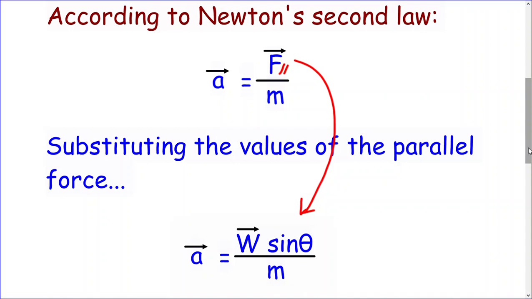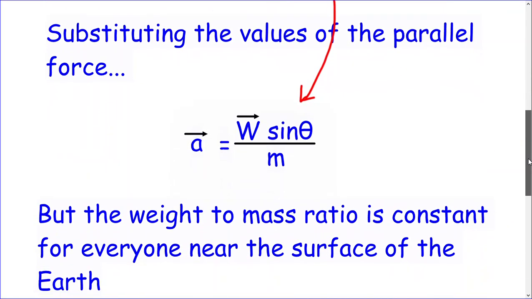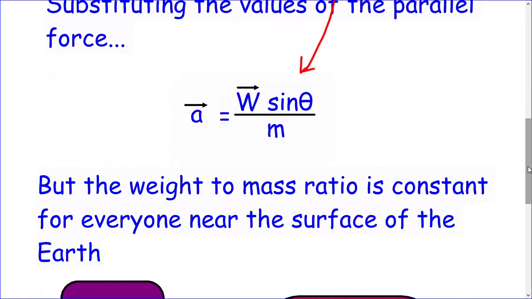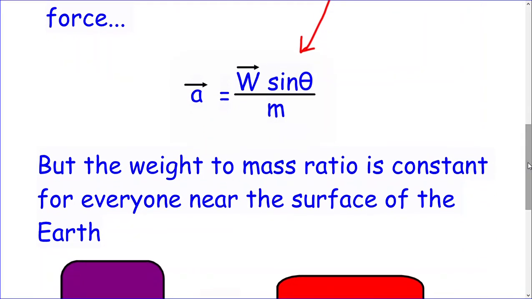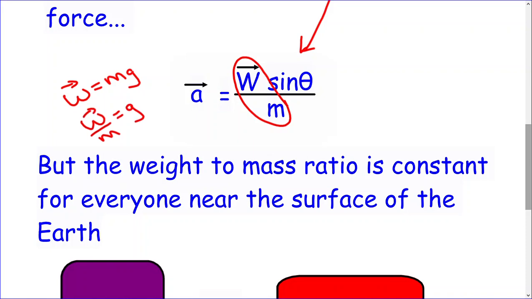What we know about weight and mass is that the weight to mass ratio is constant for everyone near the Earth's surface, because weight is really just equal to mass times gravity. So weight over mass, we can divide by mass on both sides and realize that that just equals the gravitational pull.